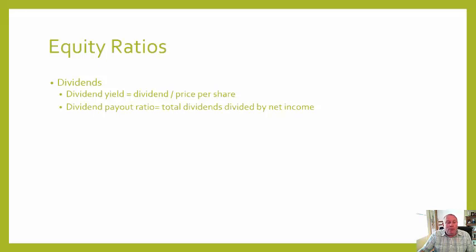Then there's the dividend payout ratio, total dividends divided by net income. Then there is tangible equity, and that's total equity less intangible assets. These are important to look at as we move forward, but right now we're not going to calculate any of these.